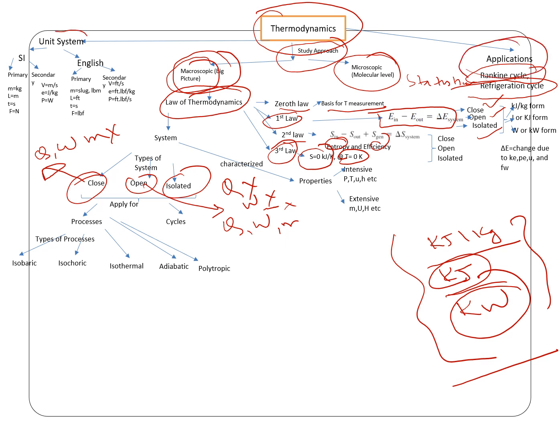And the types of unit system which we'll be using are the SI unit system and the English unit system. In the SI unit system, for the primary units, mass is in kilogram, length is in meter, time in second, and force in Newton. And for English units, mass is in slug or pound mass, length would be in feet, time would be in second, and force would be in pound force.